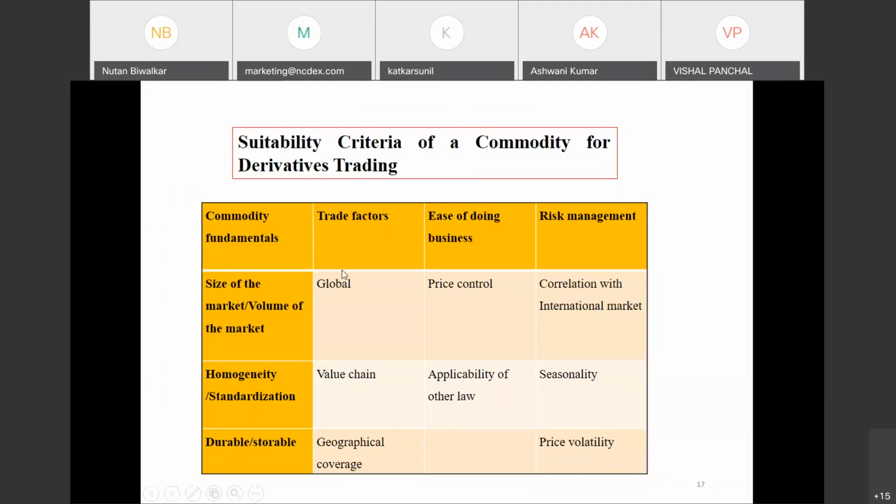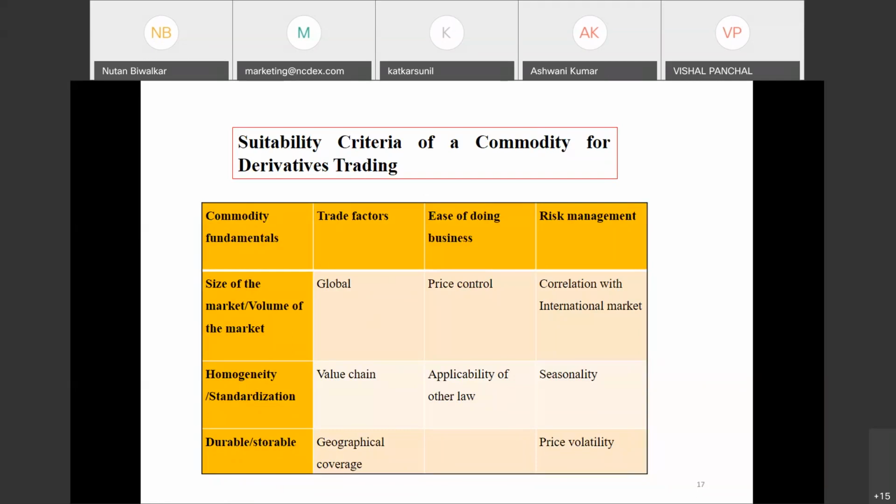The main criteria for suitability: the commodity should be large enough in supply. The marketable surplus of that commodity should be high. The commodity is highly demanded. The geographical coverage should be very high because more and more participants come and trade in that particular commodity.